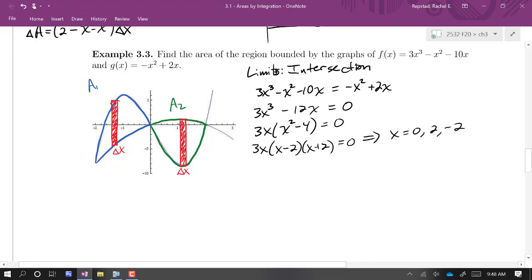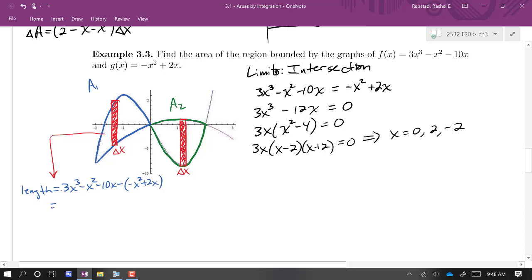All right, so let's consider these regions separately. So for A1, the top minus bottom, that length is equal to 3x cubed minus x squared minus 10x minus, and then the bottom curve is the parabola, minus x squared plus 2x.